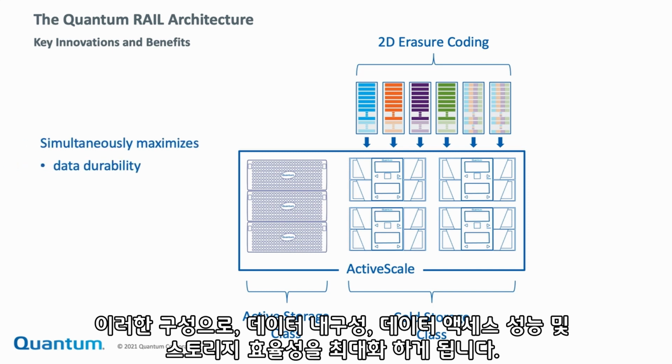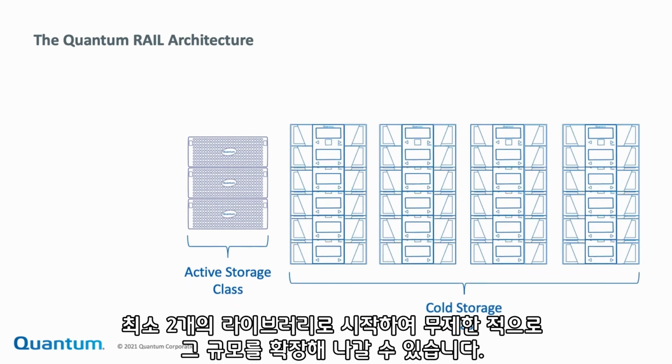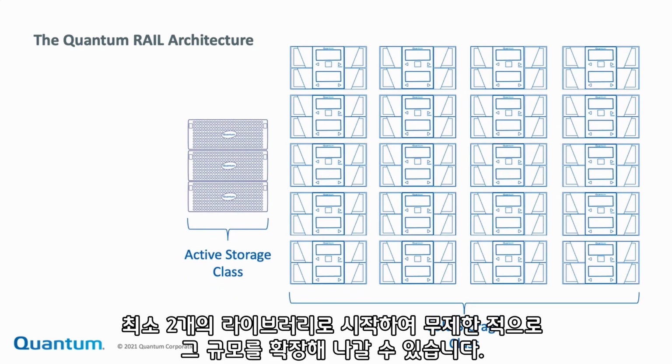And what that does is simultaneously maximize data durability, data access performance, and storage efficiency. And RAIL does not need to be big. You can start with as few as 2 libraries, and grow the array very large with no upper limit on the number of libraries in the array.